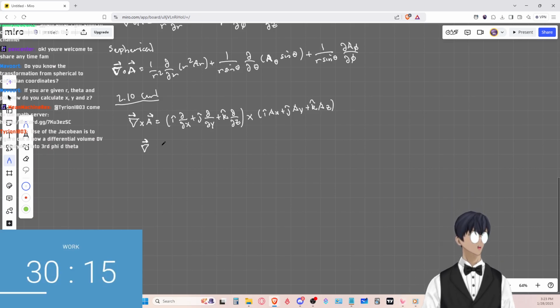Use the Jacobian to figure out how a differential volume dV, as dx dy dz, transforms in terms of r, phi, and theta.